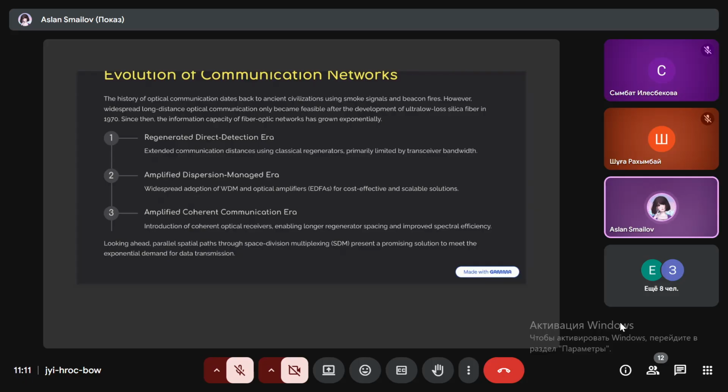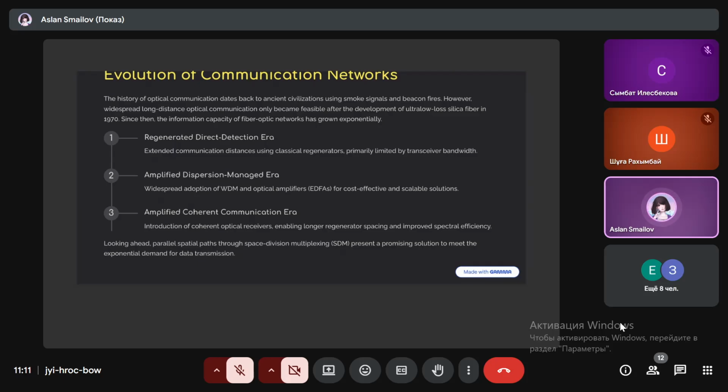Next one is the amplified dispersion managed era. It's the widespread adoption of WDM and optical amplifiers for cost-effective and scalable solutions.